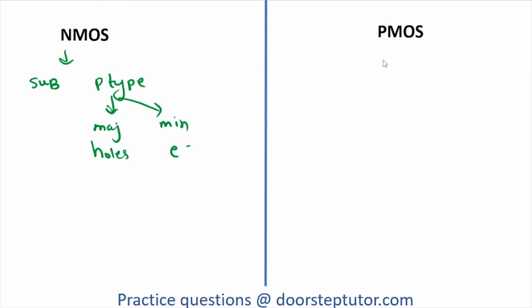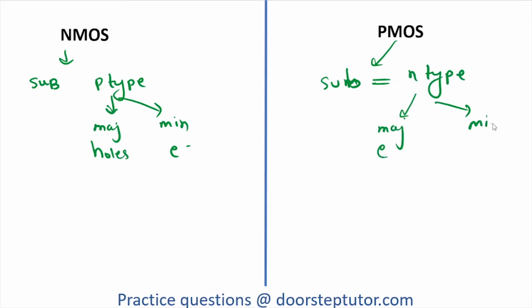Whereas in case of PMOS, the substrate is N-type and that will contain majority of electron and minority of holes.